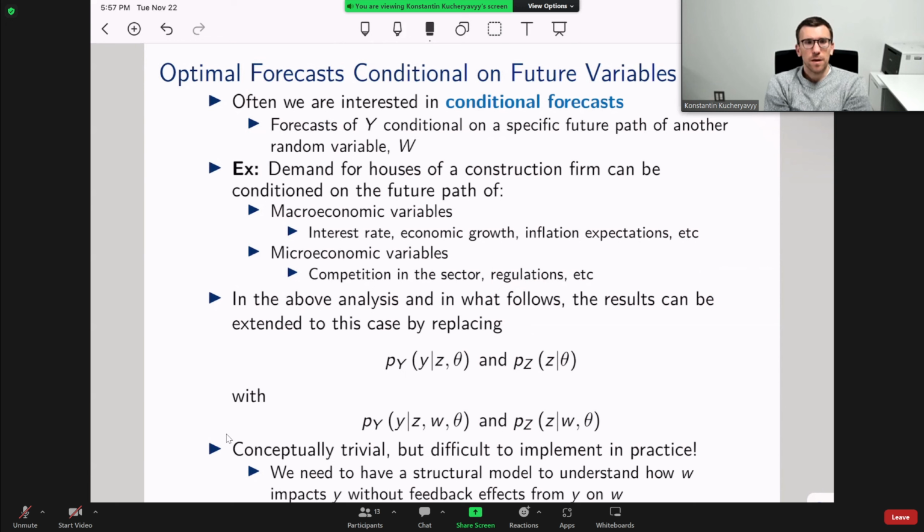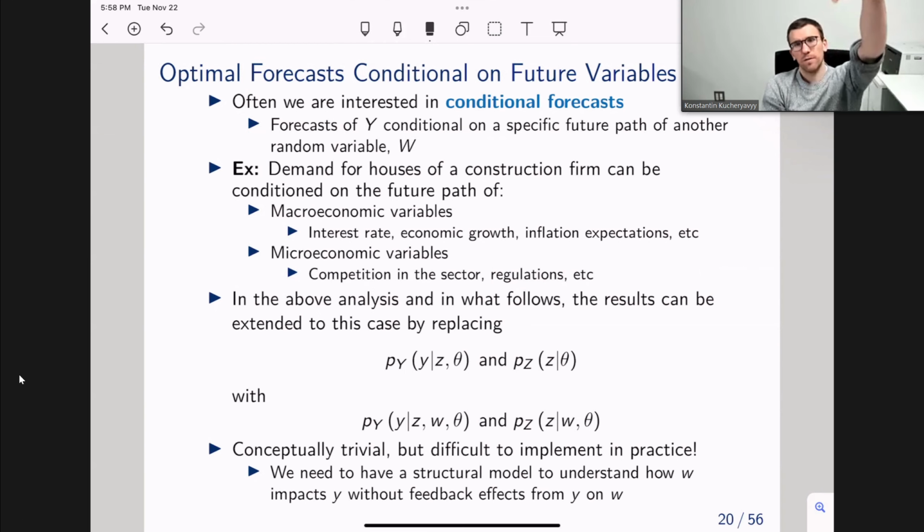In that sense, extending what we've done to conditioning on some other variables can be done mathematically. It's trivial, but in practice it's very difficult to implement, because we can have feedbacks from our forecast to the future path of some variables.